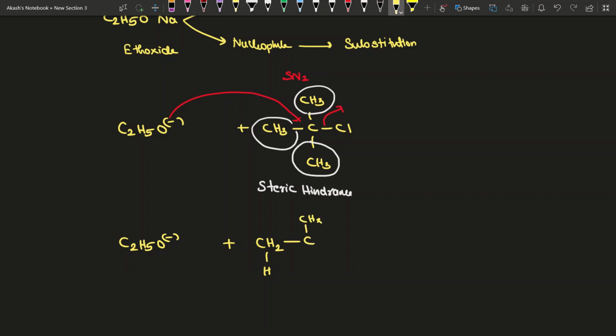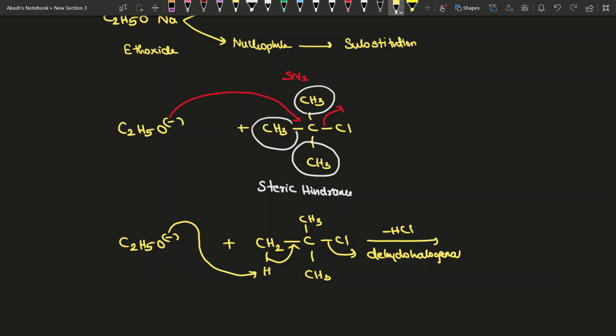The middle carbon is called the alpha carbon because the halogen is attached to it. This carbon is called the beta carbon, and the hydrogen attached to it is the beta hydrogen. So this ethoxide molecule can pick up this proton such that this bond shifts and chlorine cleaves. As a result, HCl will leave. That means it is undergoing a dehydrohalogenation reaction or an elimination reaction.